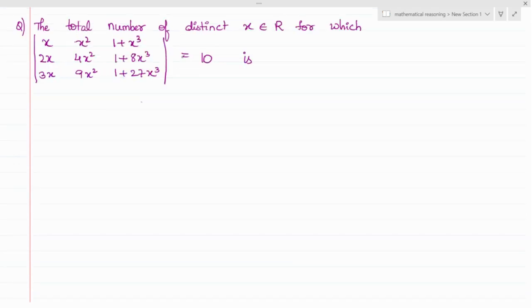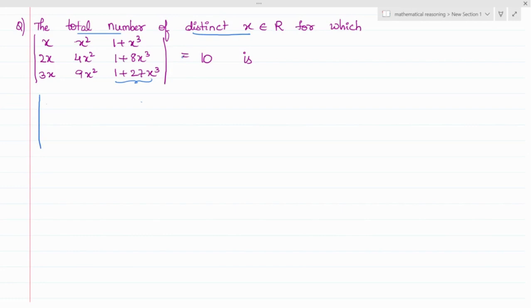In this question, we need to find the total number of distinct values of x, where x belongs to the real numbers, for which this determinant is equal to 10. Here we need to apply the splitting of determinants concept. To which row or column do we apply this? To the third column.